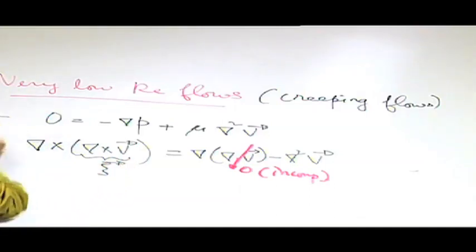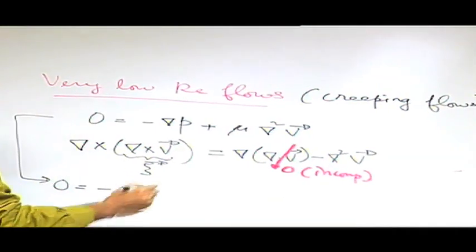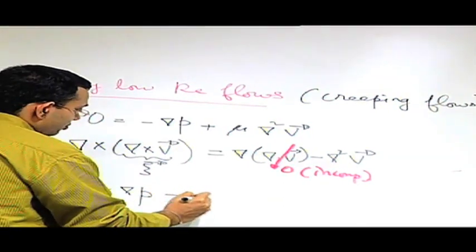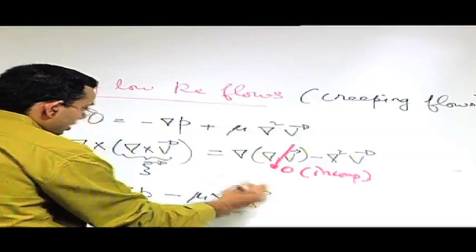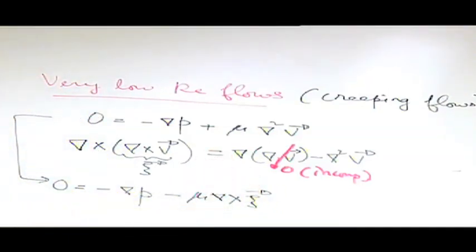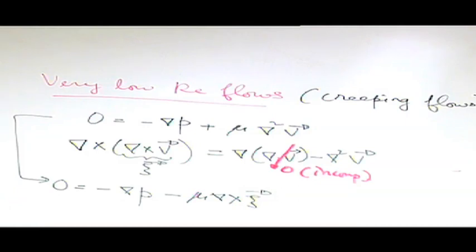So you can write this equation as 0 is equal to minus gradient of P minus mu into curl of the vorticity vector. We are replacing this del square V by this one. Now let us take a curl of both sides.